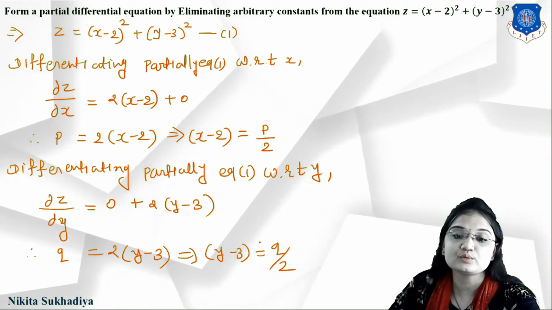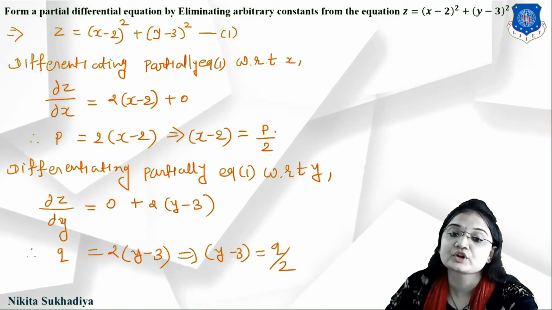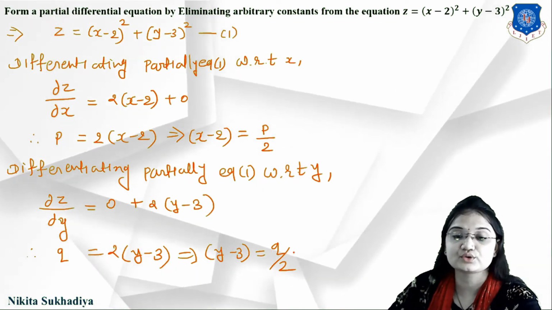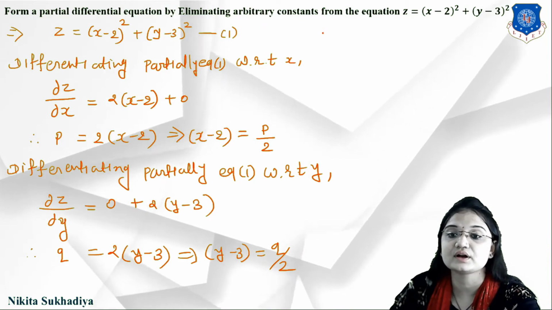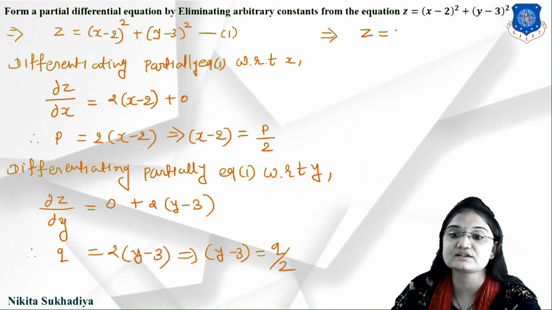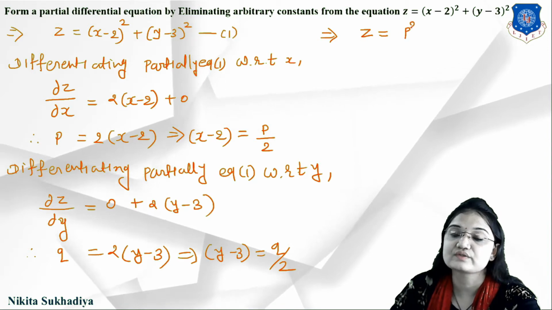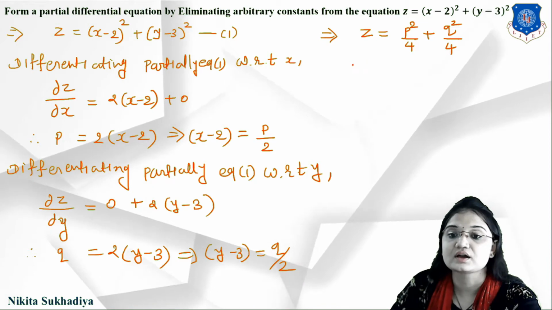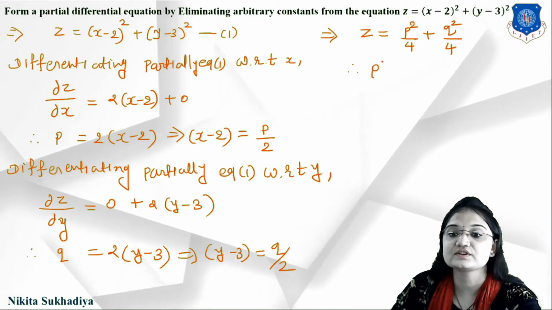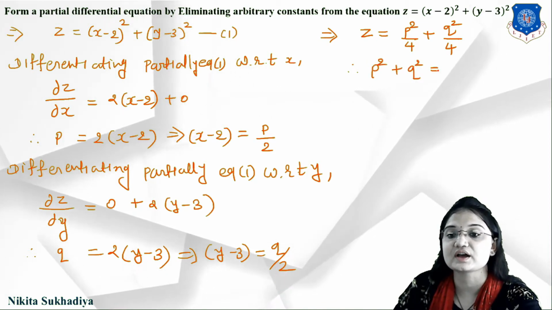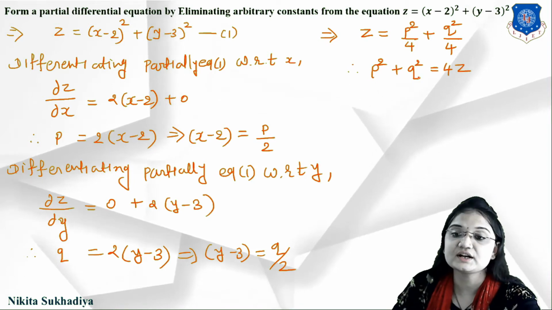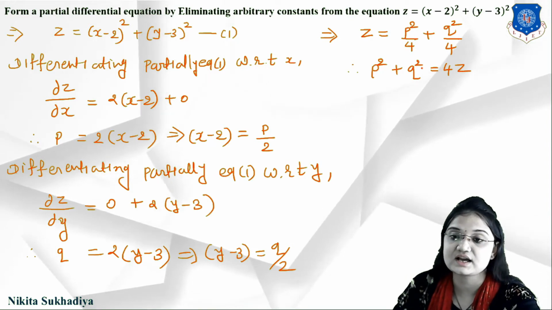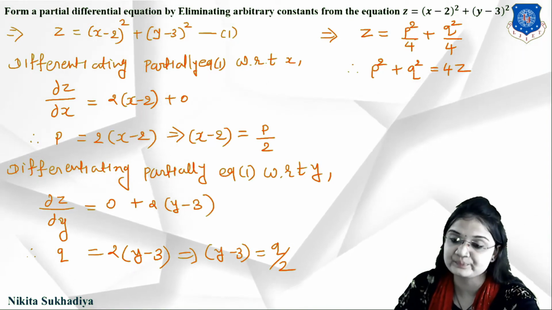Okay, now put x minus 2 is equal to p by 2 and y minus 3 is equal to q by 2 in our equation number 1. So we will get z is equal to p square by 4 plus q square by 4. And by taking LCM, this will become p square plus q square is equal to 4z, where small p is equal to del z by del x and small q is equal to del z by del y.